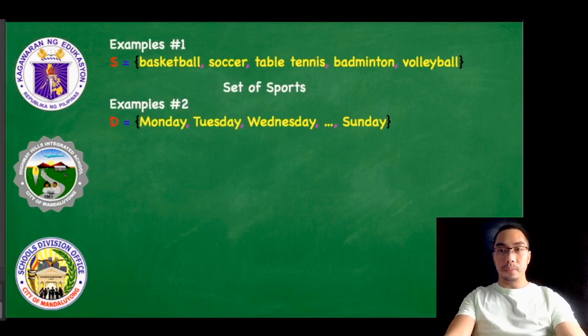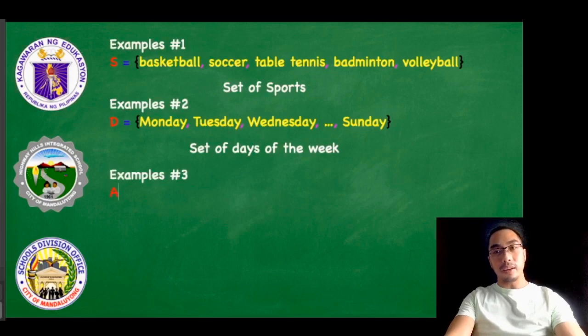Set B, the elements are Monday, Tuesday, Wednesday, ellipsis, which means there are still elements, then the last element is Sunday. So Monday, Tuesday, Wednesday, up to Sunday, what can you describe to this kind of set? This is the set of days of the week.